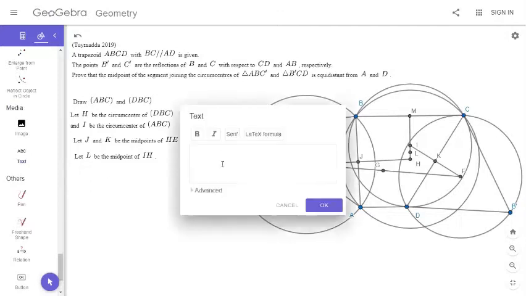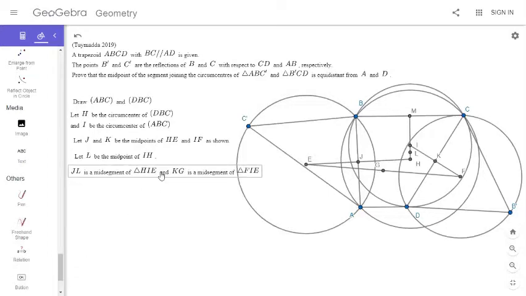Okay, so see if that fits on one line. I would think it should.